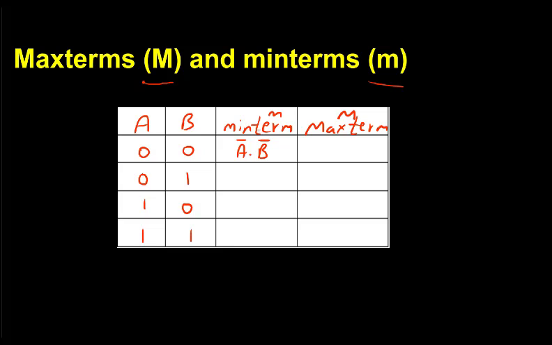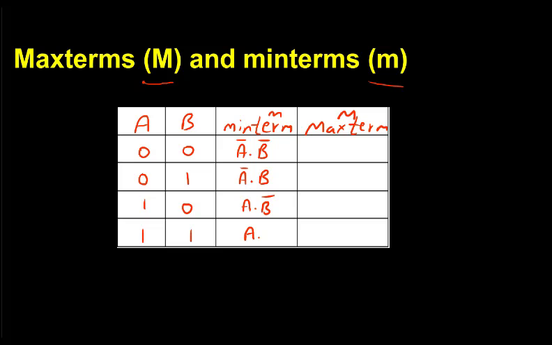This is the first min term. Then here a is 0, so a bar, and b is 1, so it becomes b. So wherever 0 is there, we put a bar, and where there is 1, we put the uncomplemented form. So here a is 1, so a, then b bar, and finally a dot b.